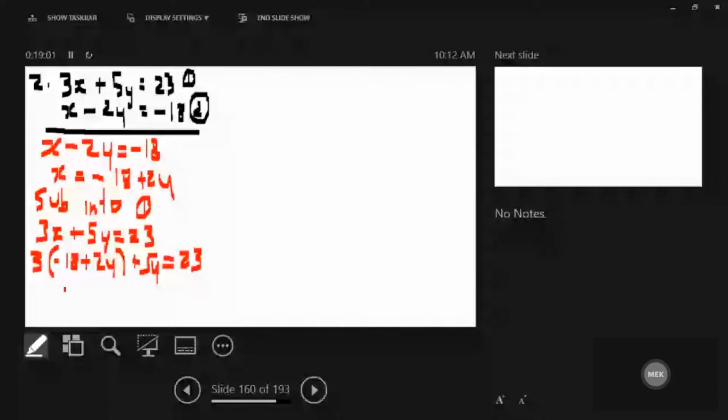3 times -18 is -54. 3 times 2y is 6y. Plus 5y equals 23. So we're going to group our like terms now. We're going to take the -54 to the right, and we're going to add the 6y plus 5y, which gives 11y.